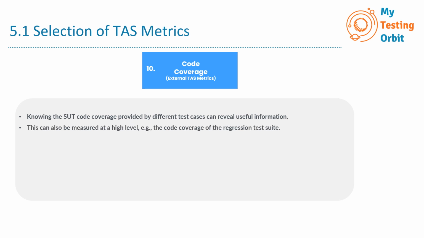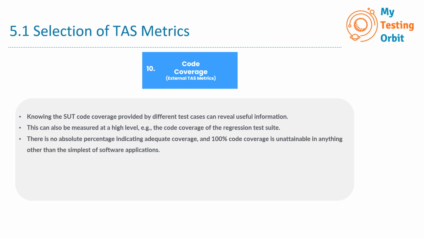This can also be measured at a high level, for example, the code coverage of the regression test suite. You can look at code coverage not just for individual tests, but also for the entire set of tests, like your regression suite.